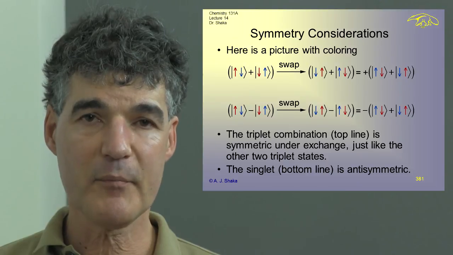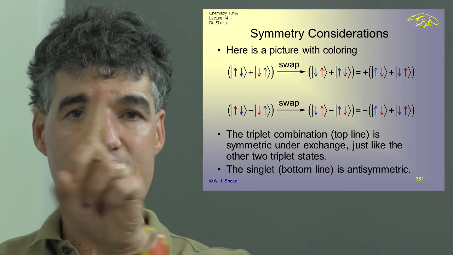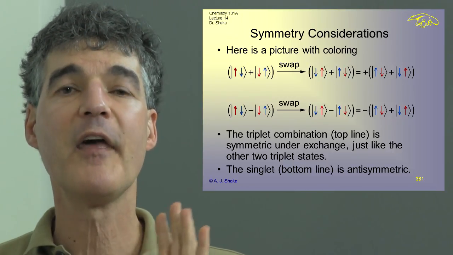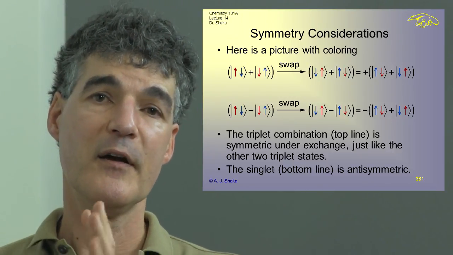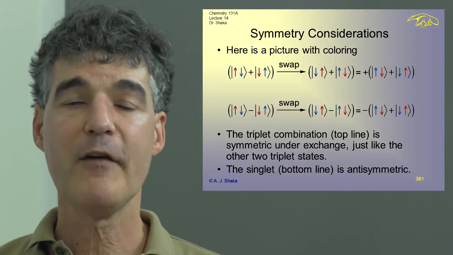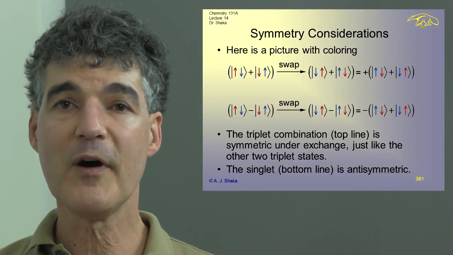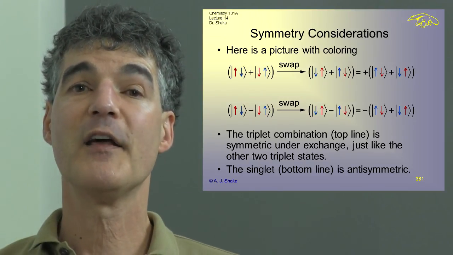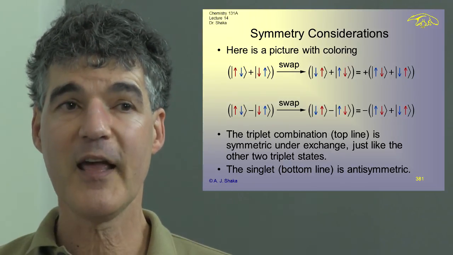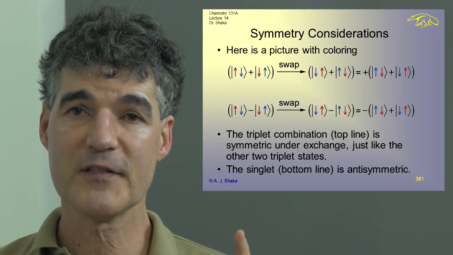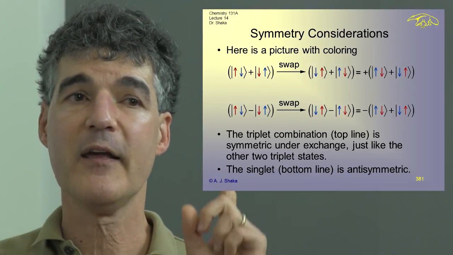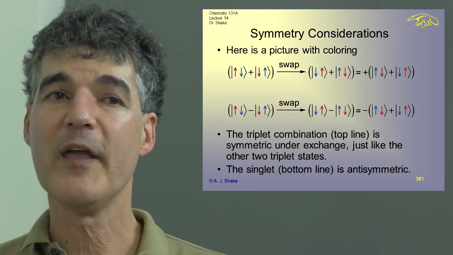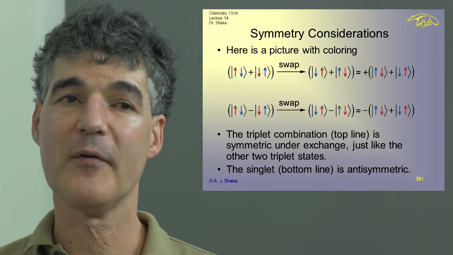So that's kind of a parity value. +1 for swapping this way, +1 for this one, +1 for swapping that way. They all go together. All three of them are birds of a feather. If one of them's plus, then the other one, to be orthogonal, can't be plus as well, and therefore it has to be minus. If we take that combination, which I've shown in the second line here, up-down minus down-up, and we swap them, we get down-up minus up-down.